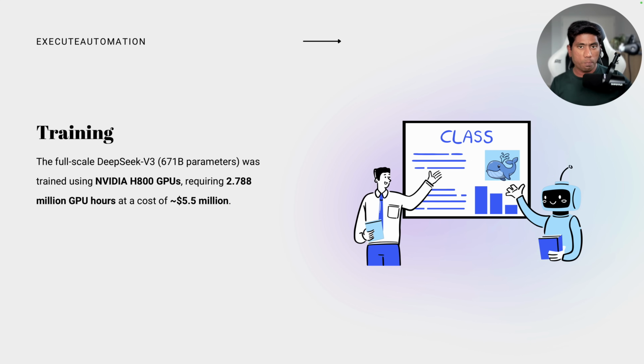I know it looks much higher, but if you compare it with the O1 model, which the OpenAI team has claimed they spent around $100 million on, which is crazy. So this is just $5.5 million, and OpenAI's O1 cost around $100+ million, which is the real reason why DeepSeek is now making headlines all over the internet.